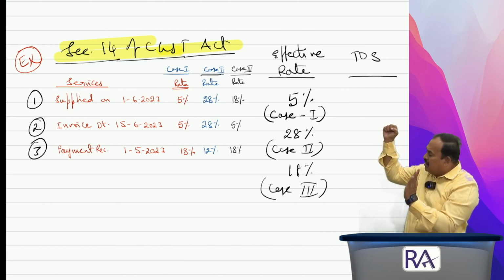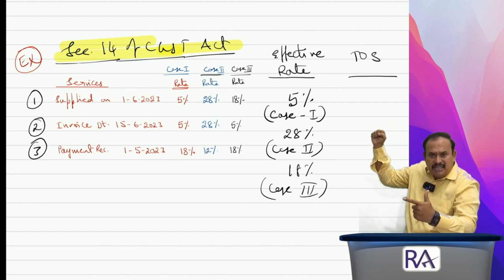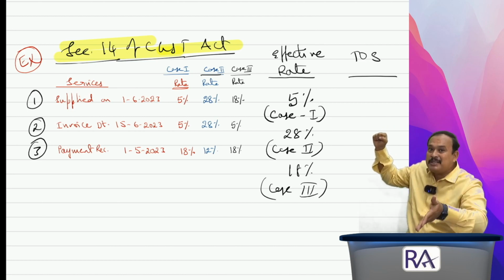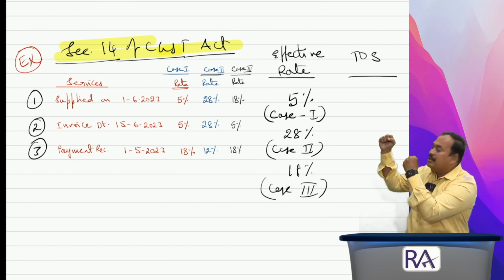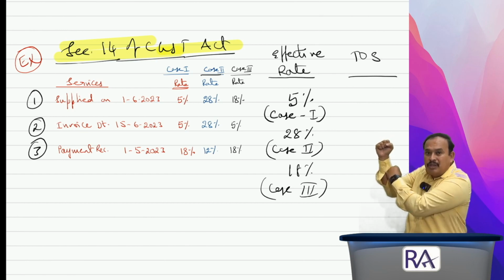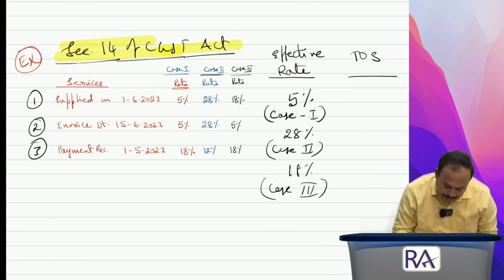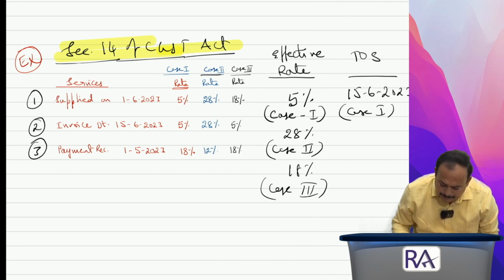With that, is the date of invoice matching or the date of payment matching? Invoice is matching, sir, invoice is 5%. So the date of invoice matches the date of completion of supply of service. If so, the date of invoice is the time of supply. Here, the time of supply is 15th June 2023. That is case 1.